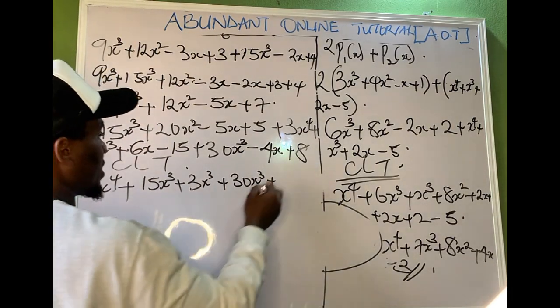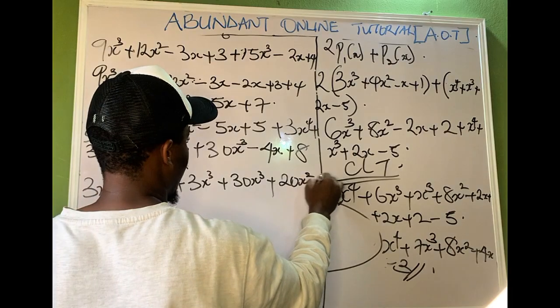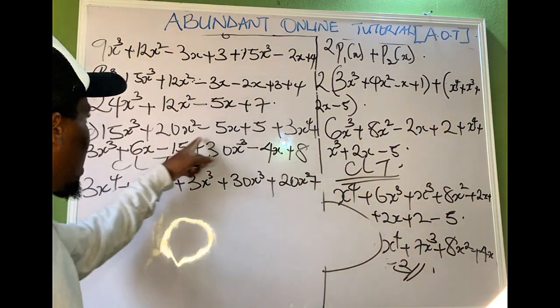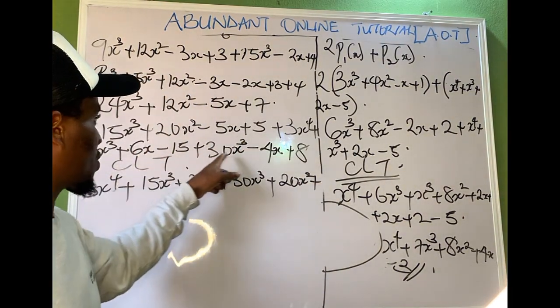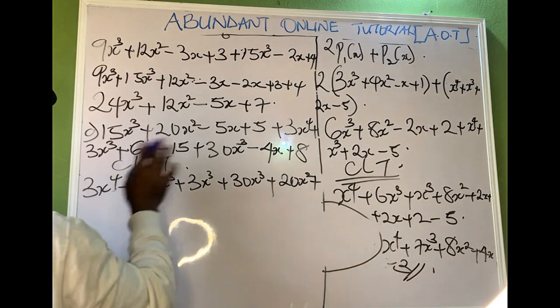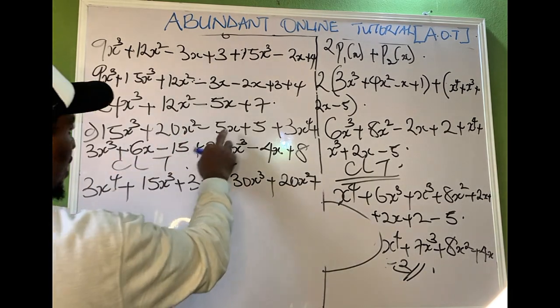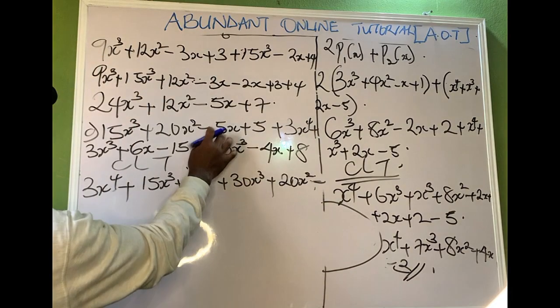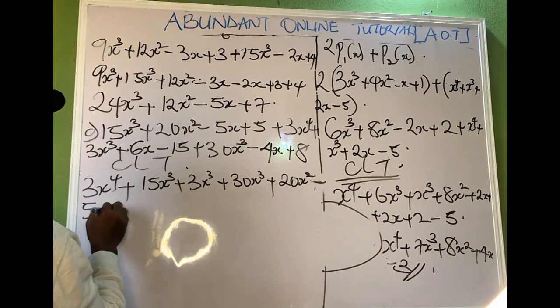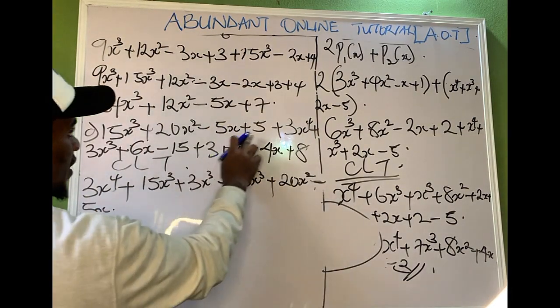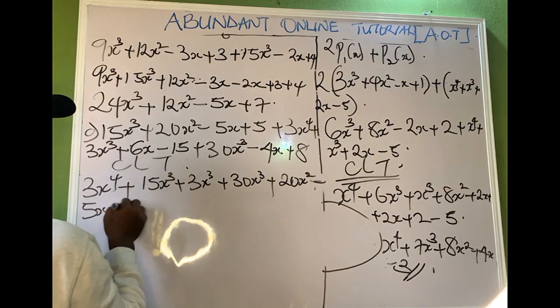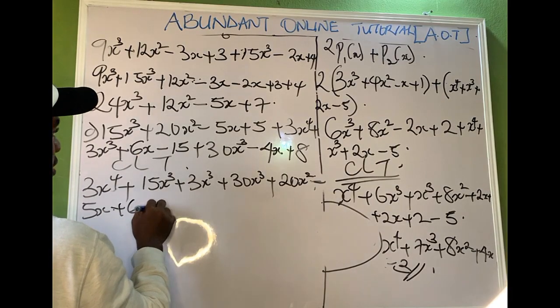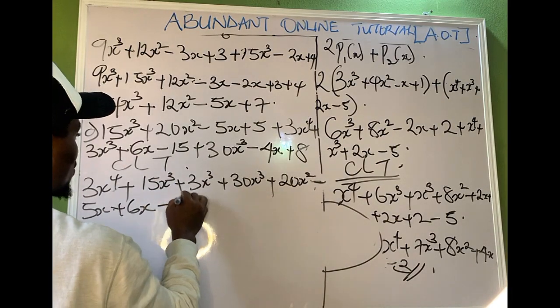Yes, we have 20x squared. That is only one square. Then after that, we now have minus 5x, plus 6x, minus 4x.